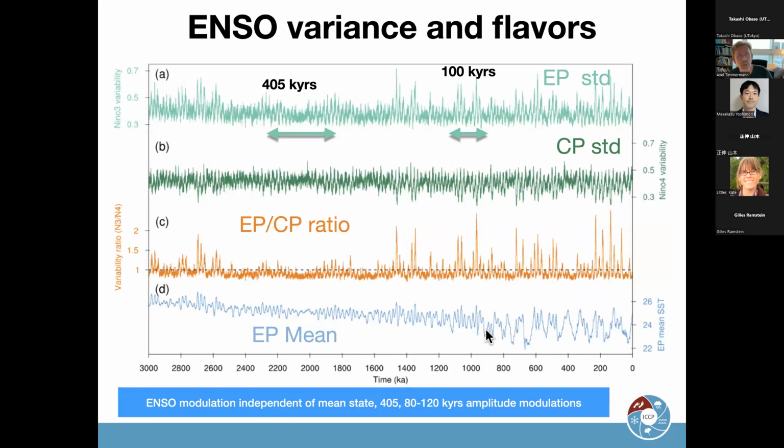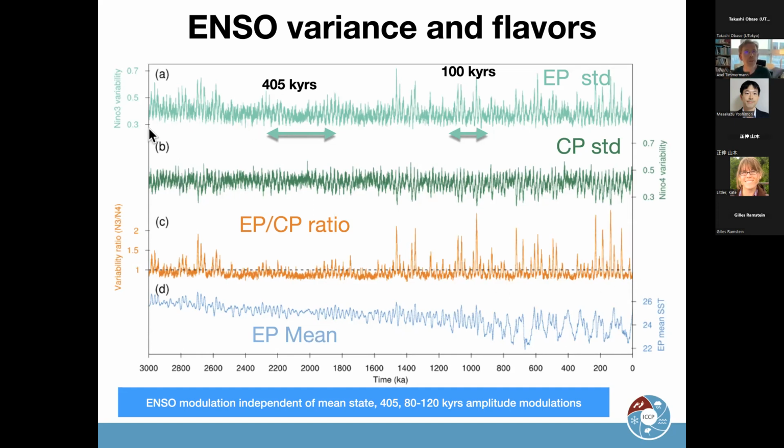But what we can do instead is look at the variability in the Nino3 area, the Eastern Equatorial Pacific. This would be the EP El Nino, and we have the CP El Nino, which is showing the variability much more in the Central Pacific. And we can calculate the ratio, which tells us the flavors of El Nino, whether it's more in the east or in the west.